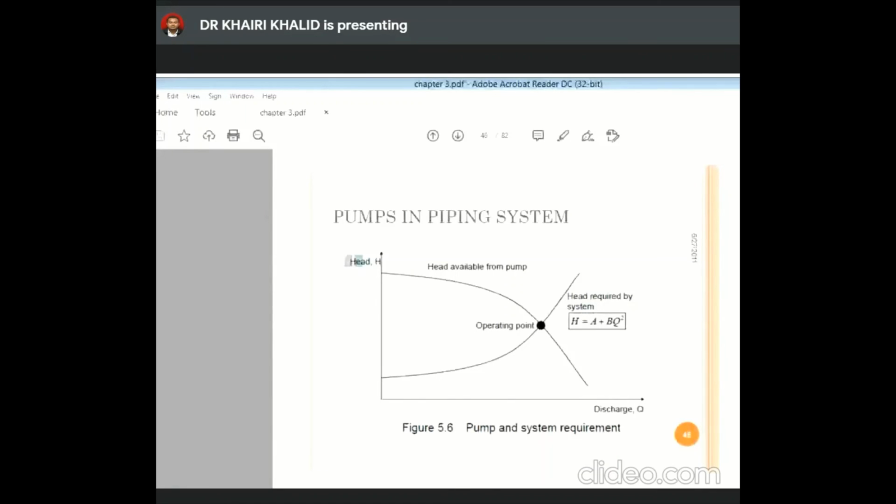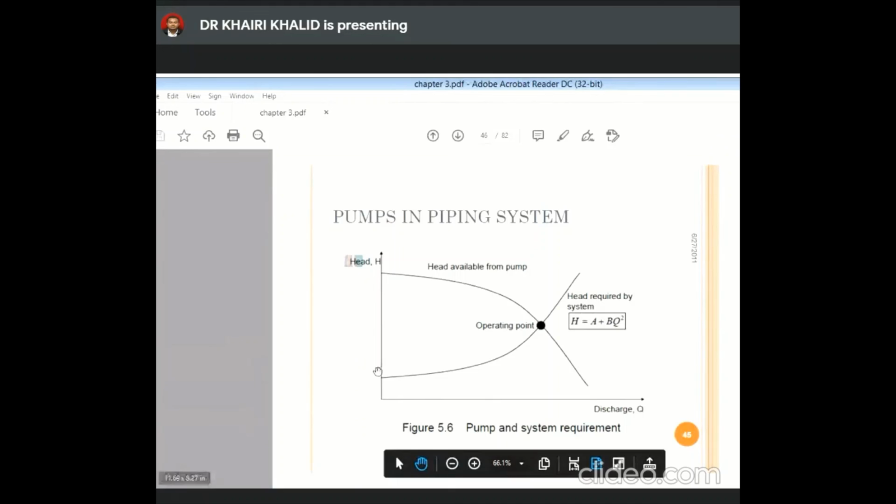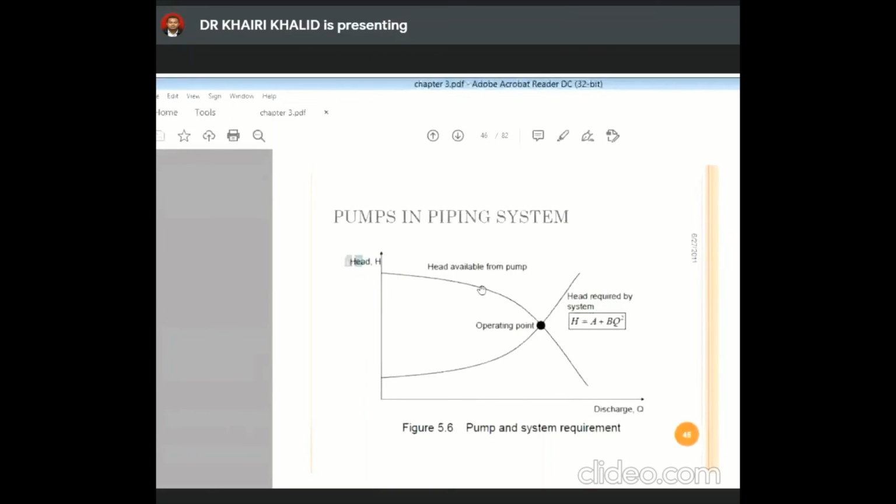This is the critical point. The reality is, we are talking about this equation, with the head available from the pump. As I said just now, this curve, every single pump has this property only. This property is for every single pump, and this is the one we want to mesh with our system.